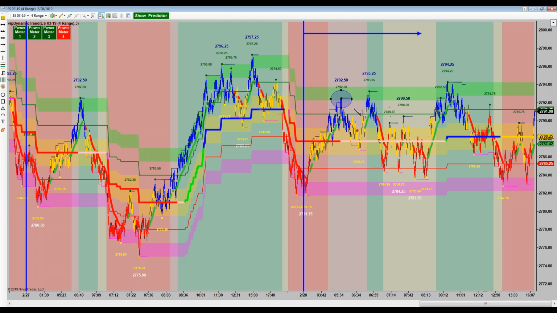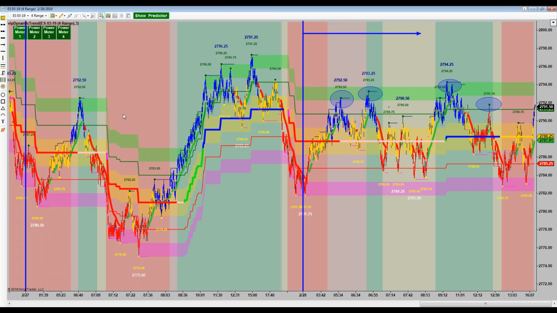Let's look at the swings at the top and look at resistance first. You got a swing there, you got a swing there, and you got a swing here, and then you got another swing right here. So what you want to do is take a line that represents the preponderance, or the average, of where you see resistance be.